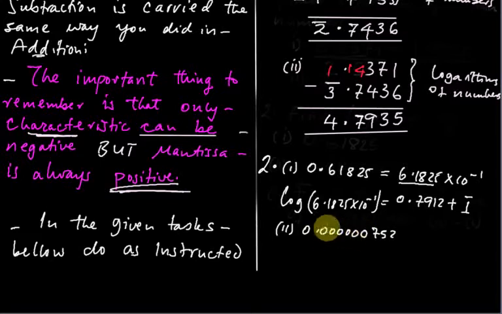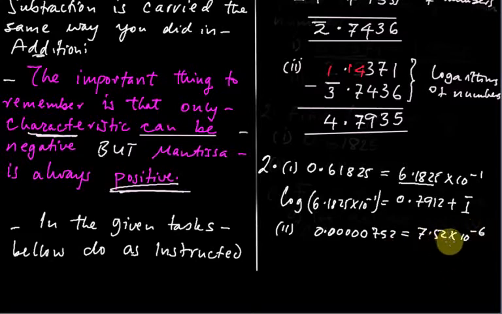No, the 1 0 is not there, so the number is like this: 0.0000075, which is the same as 7.52 times 10 power negative 6.